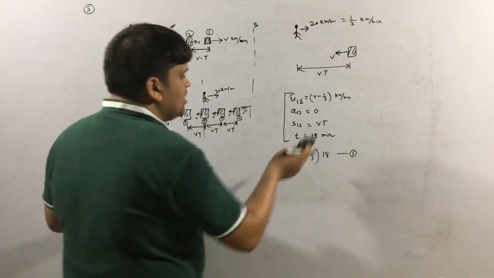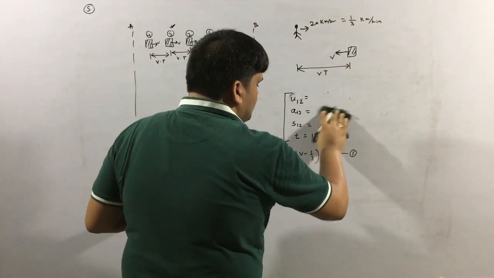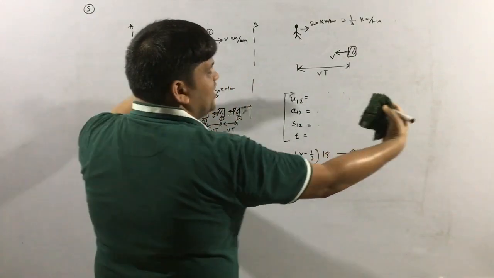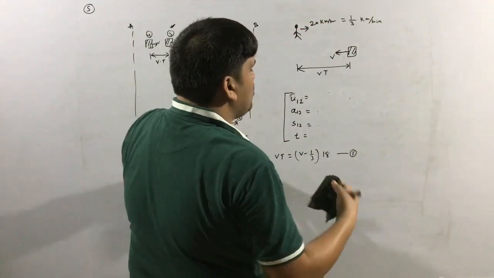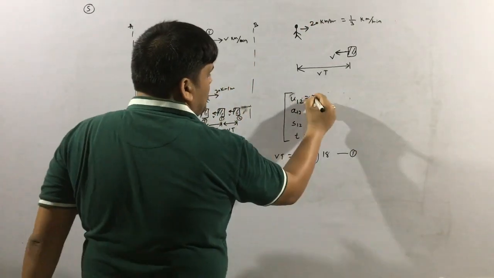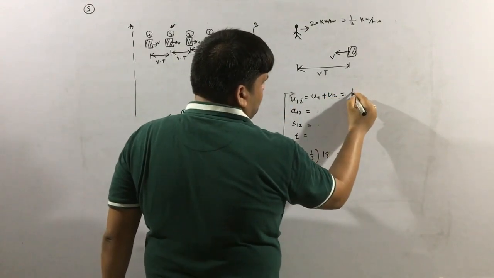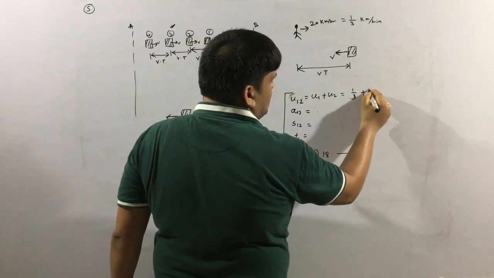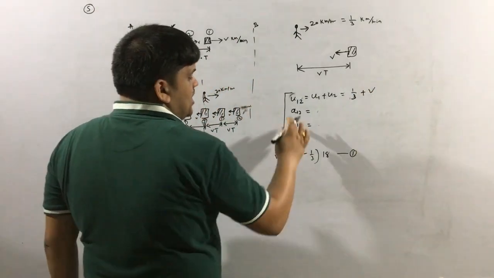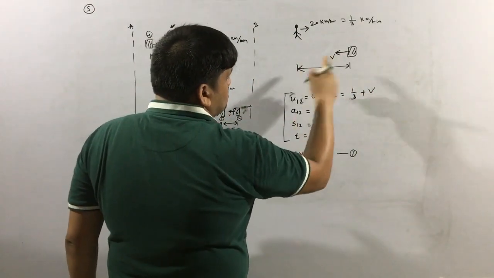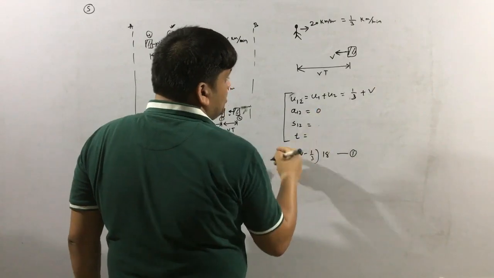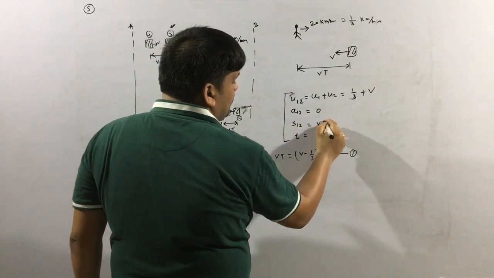Now what are the things you have to write? Now remember that here both are moving in the opposite direction, so you have to add the terms. So u12 will be equal to u1 plus u2, so that will be 1 by 3 plus v. Okay, a12 will be equal to 0 plus 0, so it will be 0. s12 will be equal to vt.